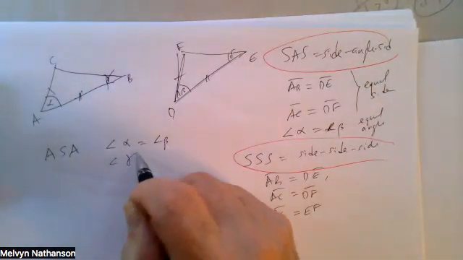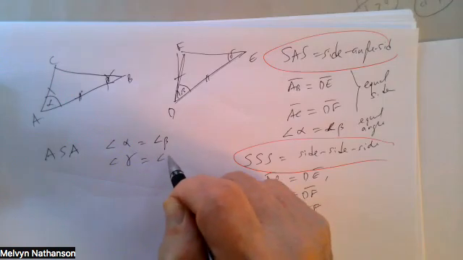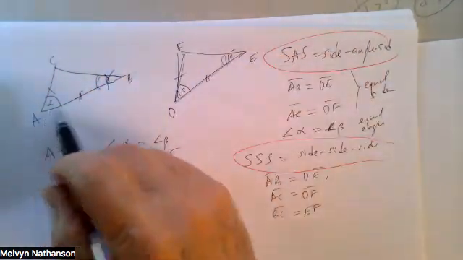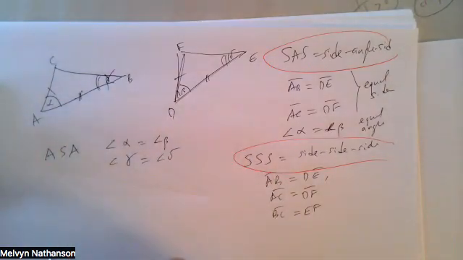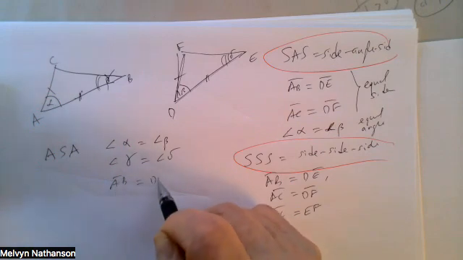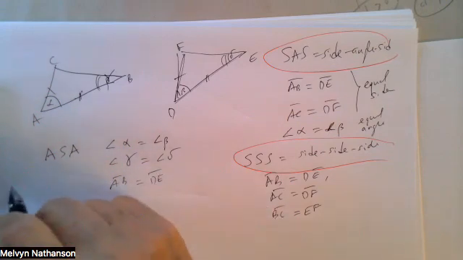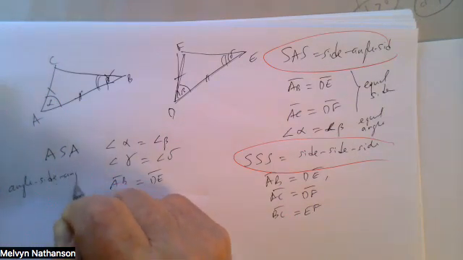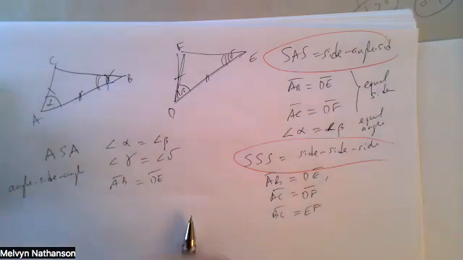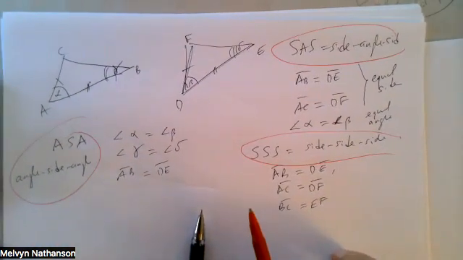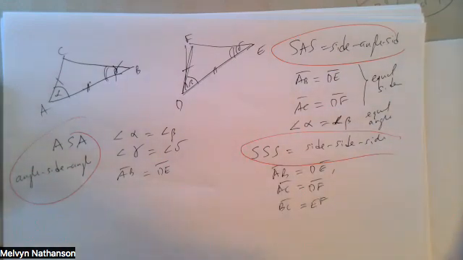Angle gamma is equal to angle delta. And the side between those two angles is the same for both triangles. So AB equals DE in length. So this is angle side angle. Again, that's a third condition for triangles to be equal.